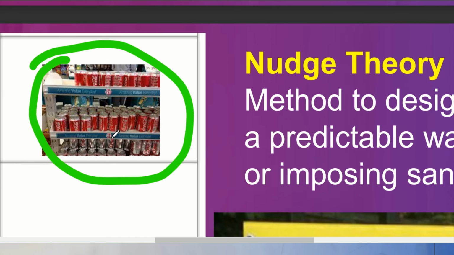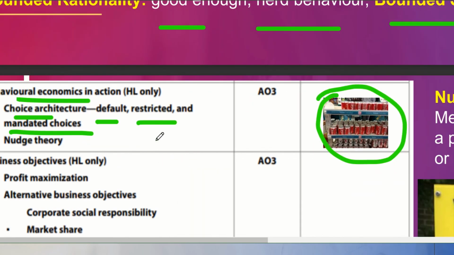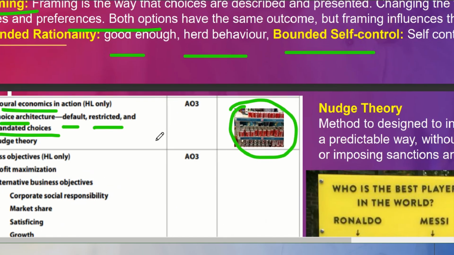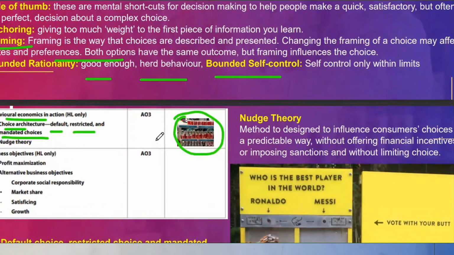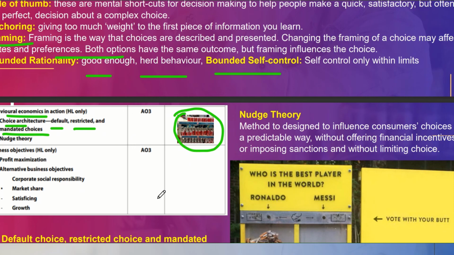Similarly, in departmental stores or e-commerce websites, consumers have restricted choices, so within that limit only you need to buy. The consumers have very limited choice, so restricted choice also plays a vital role. And the next one is mandated choice.